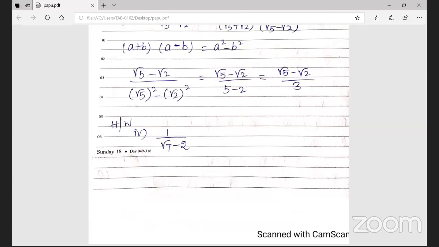We'll give 3 minutes. You want to finish it. If you have finished, you can put the answer in the chat box. Yes, everybody is doing it, I think.